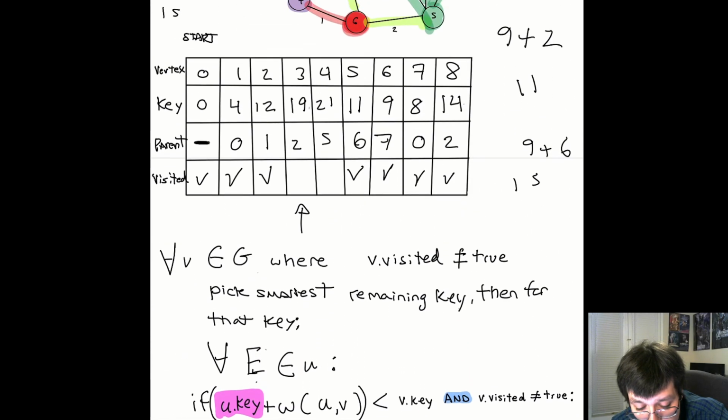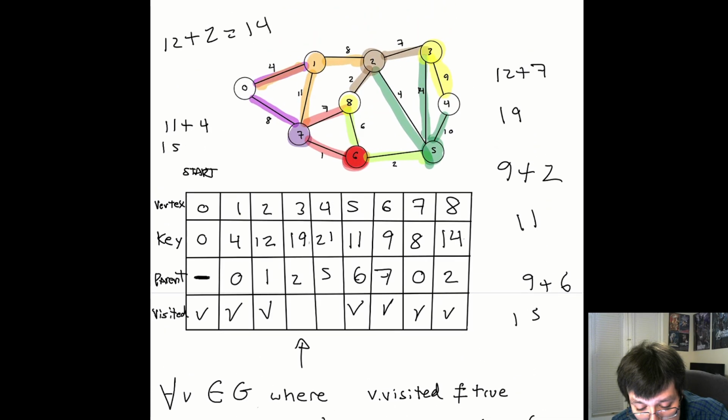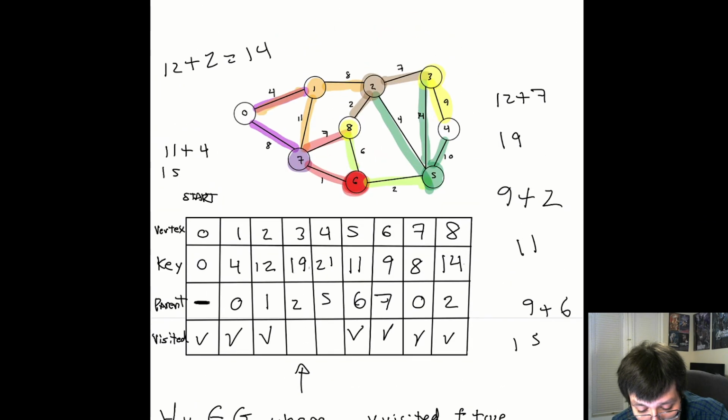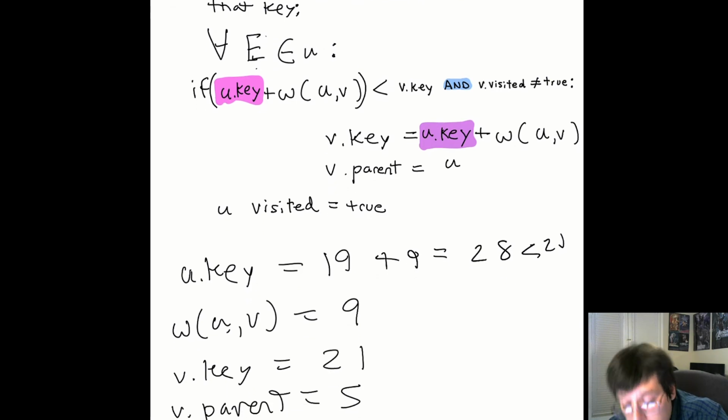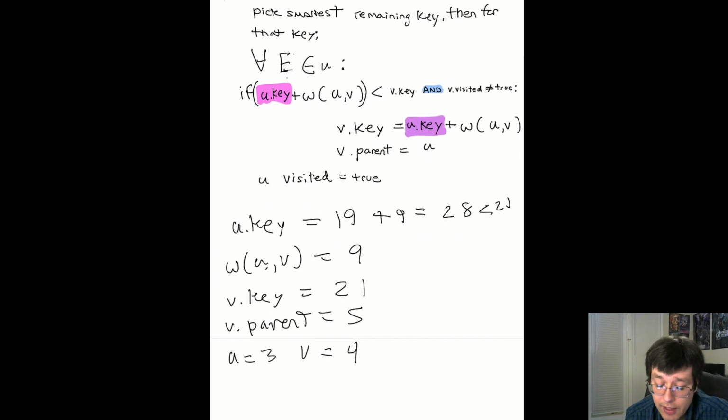Is V visited set to true right now? It's not set to true. So this part of the if statement is good, but this part is not, because 28 is bigger than 21. So that's why you don't enter that.